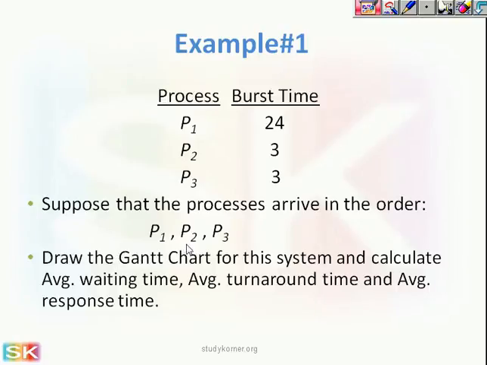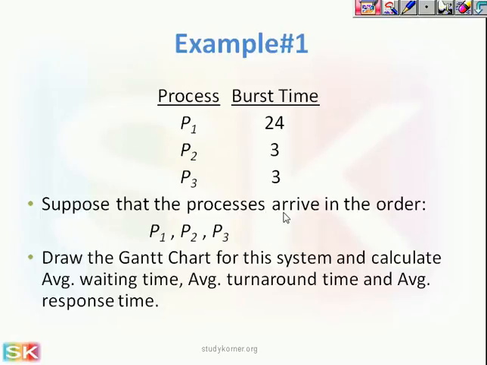Suppose that the processes arrive in the order P1, P2, P3. Draw the Gantt chart for this system and calculate average waiting time, average turnaround time and average response time, right?